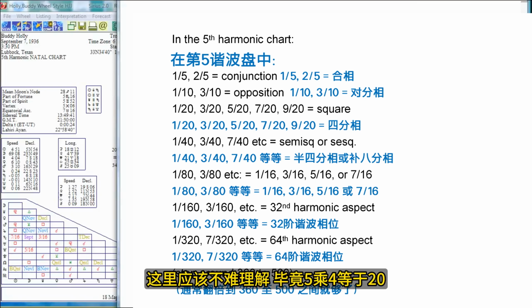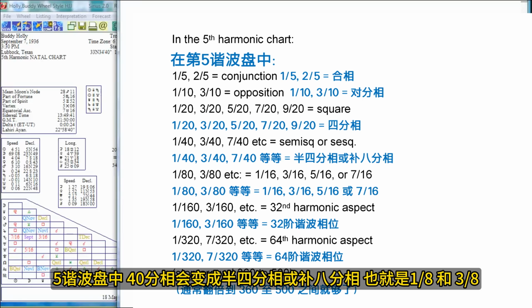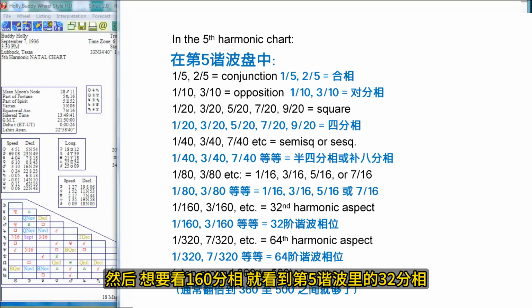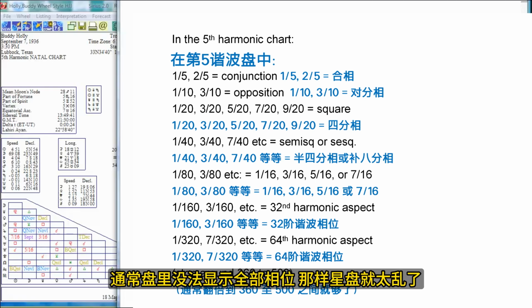This should be obvious by now, it's 5 times 4. In the fifth harmonic chart, these 40ths become the semi-square and sesquiquadrate, 1/8 and 3/8. The 80th harmonics will appear as 16ths, 16 times 5 is 80. And then, to see the 160th harmonic aspects, it's now a 32nd harmonic in the fifth harmonic chart.